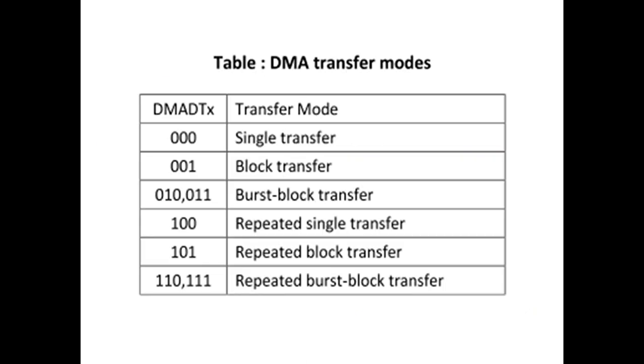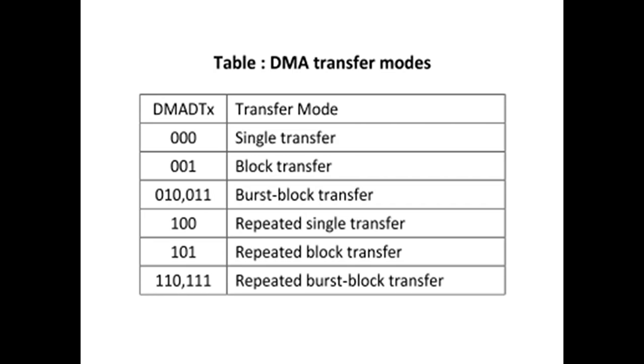Similarly, DMA contains 6 transfer modes. That is DMADT, meaning data transfer. Here 0 indicates single transfer mode, 1 indicates block transfer mode, 2 and 3 indicate burst block transfer mode.